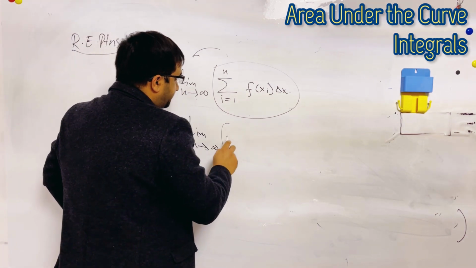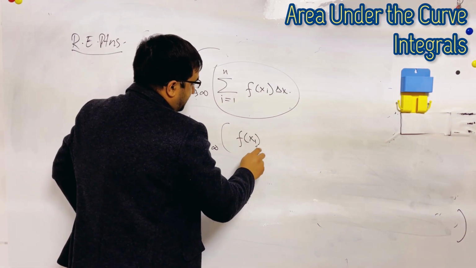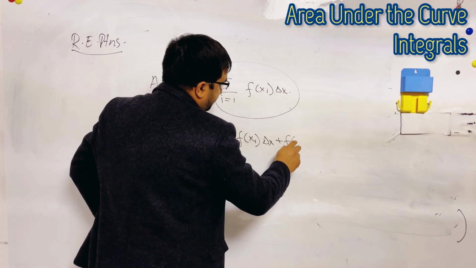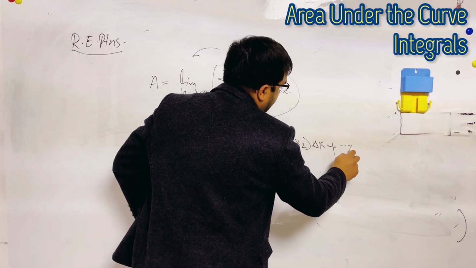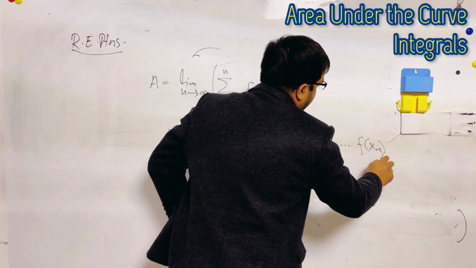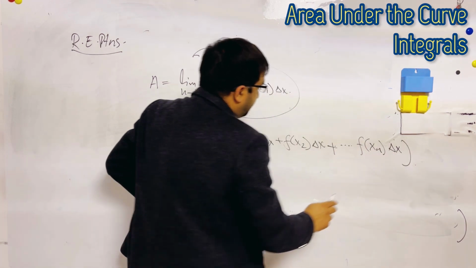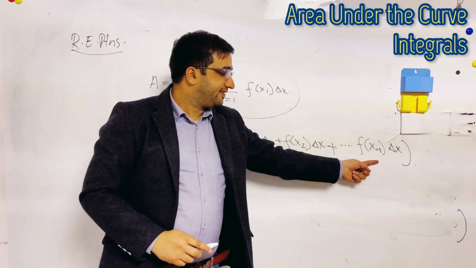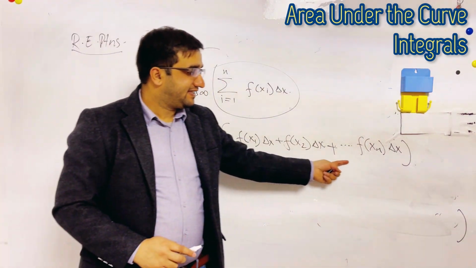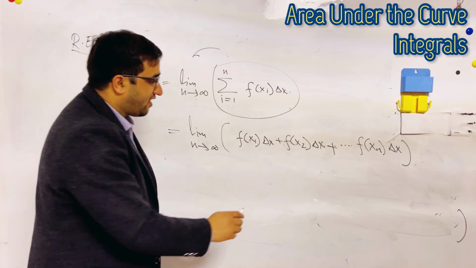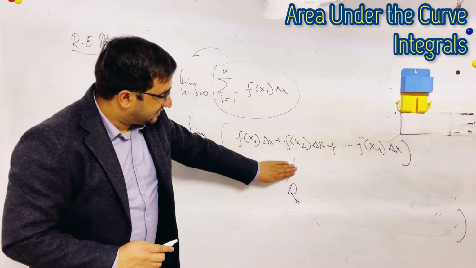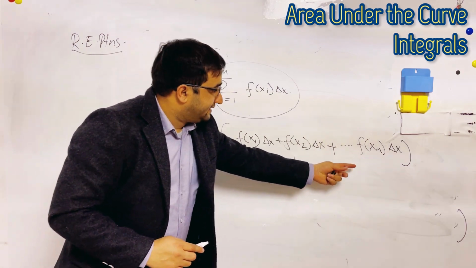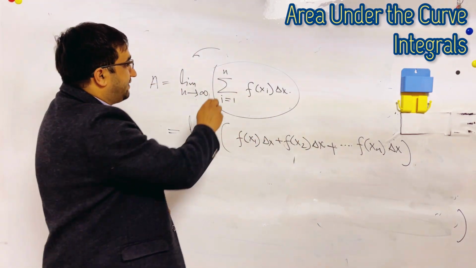It is f of x1 delta x plus f of x2 delta x plus so on, f of xn delta x. This is Rn. Now, this and this are the same within the circle.